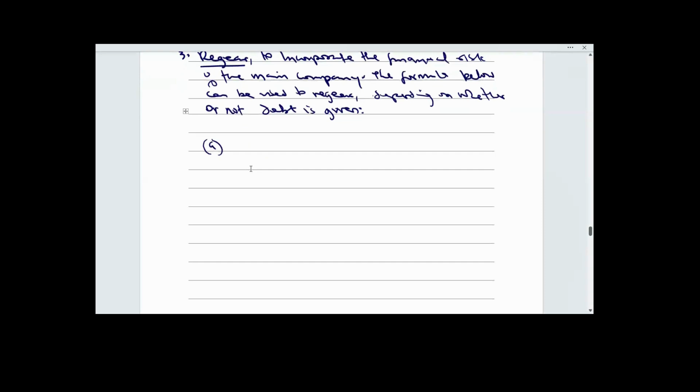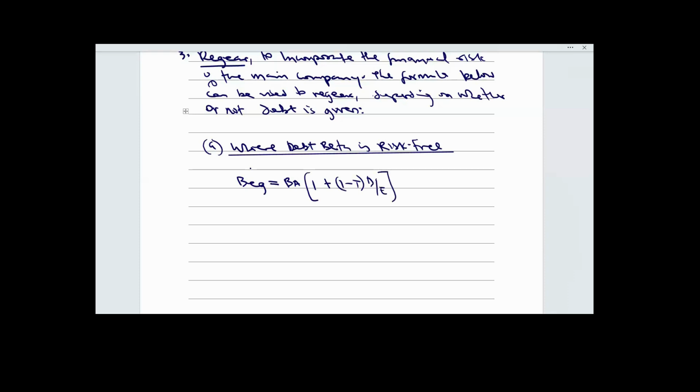Okay, so where debt beta is risk-free and you want to regear, then beta equity of a gear will be computed as beta assets multiplied by 1 plus (1 minus tax) multiplied by debt equity proportion of the main company.